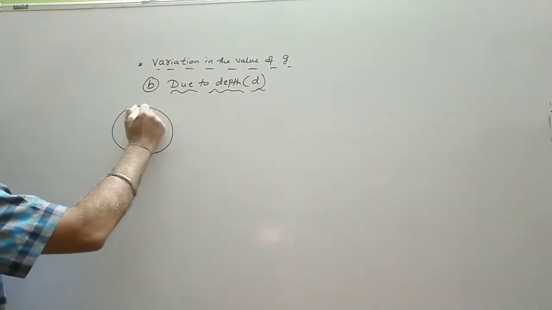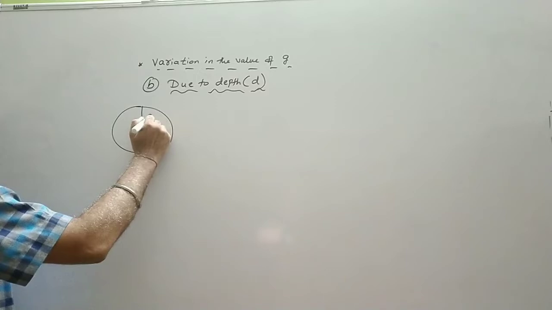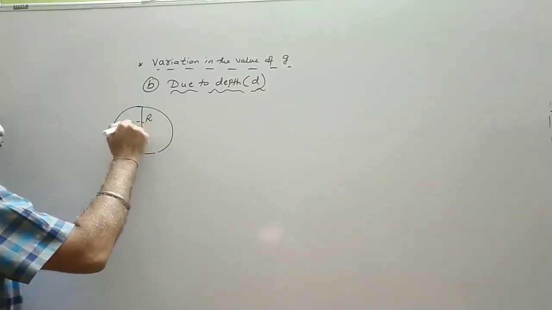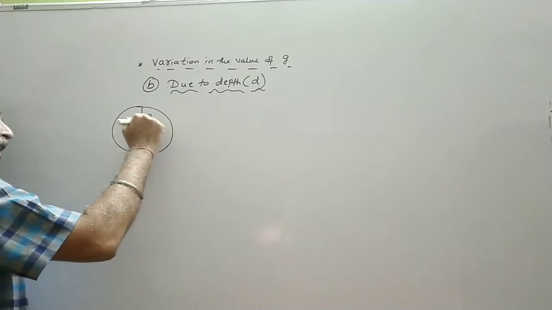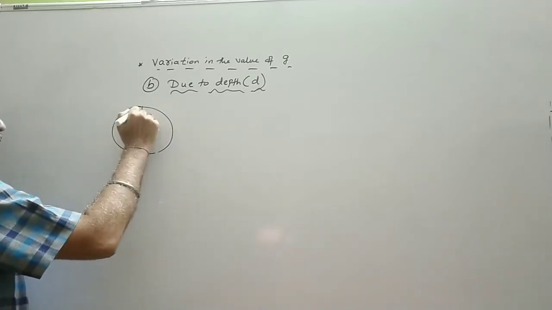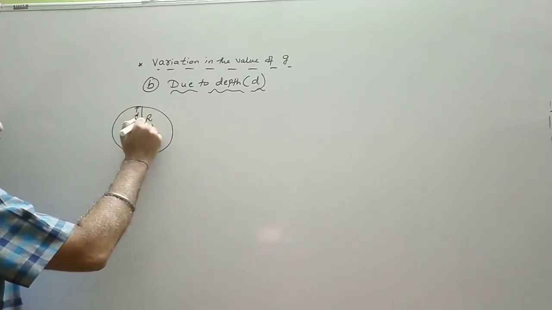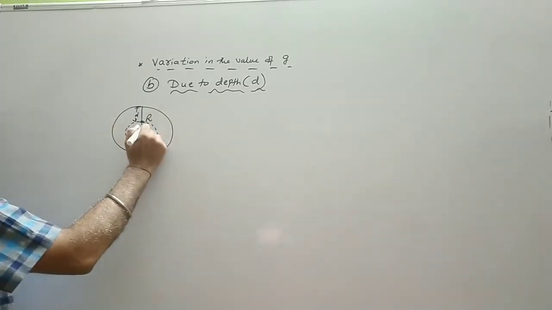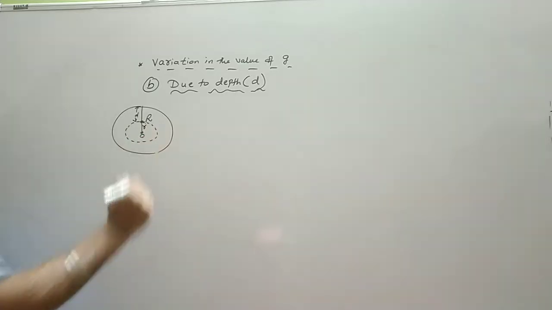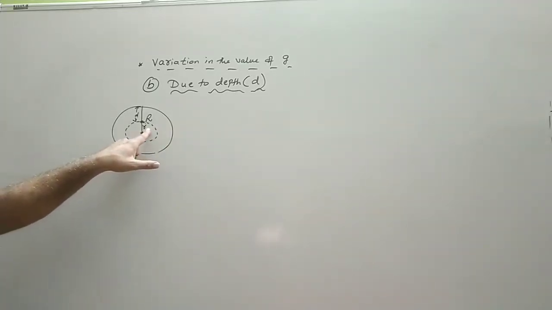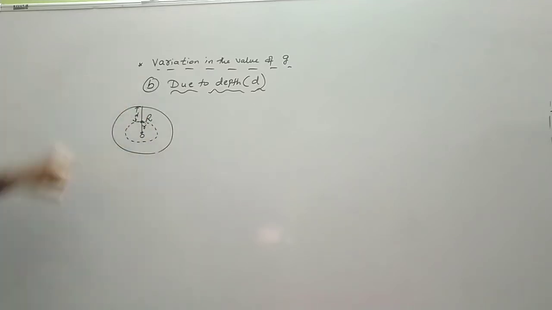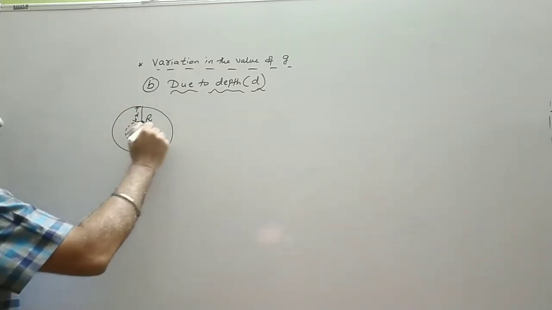So this was the earth where the radius was given by R, and we moved inside the earth. So this was the depth d. Here we have taken a point P or a body of mass m. So distance from the center was r, and while going inside we have taken the depth d.